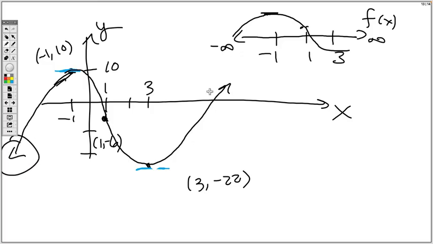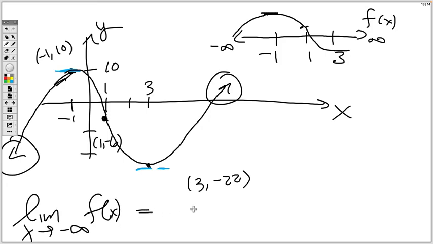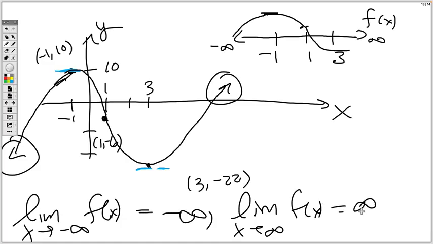And what we could do is check the limits as x goes to minus infinity, which is where the next section comes into play. In the next section, 4.4, we go back and revisit end behavior and all the asymptote stuff.